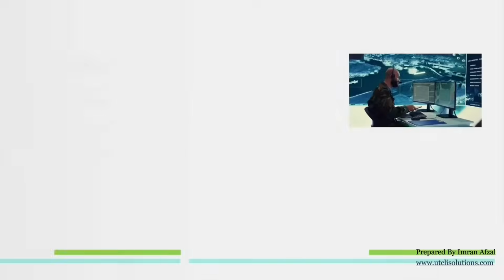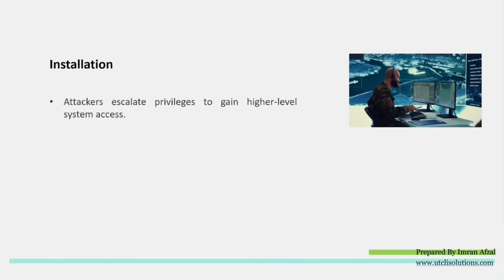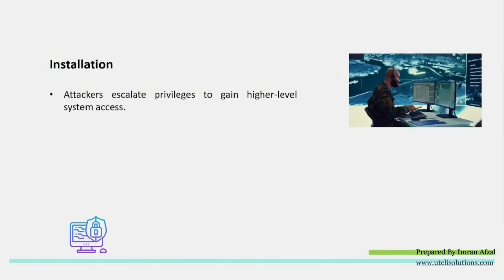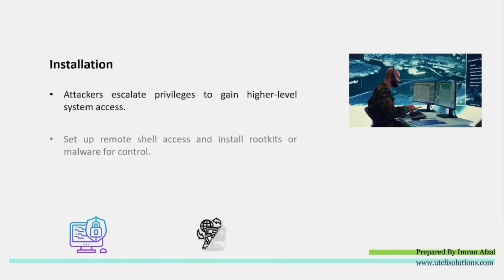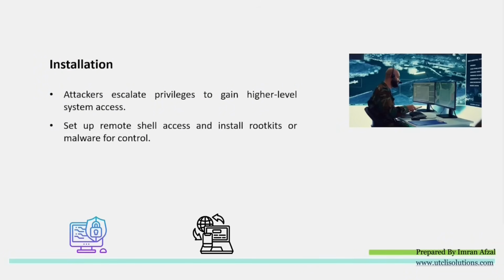network security. Installation. Once an attacker has compromised an endpoint, like a computer, they will try to gain more control over it. This often involves escalating privileges, which means they aim to get higher level access to the system. For example, they might set up remote access, allowing them to control the compromised computer from anywhere, as if they were sitting right in front of it.